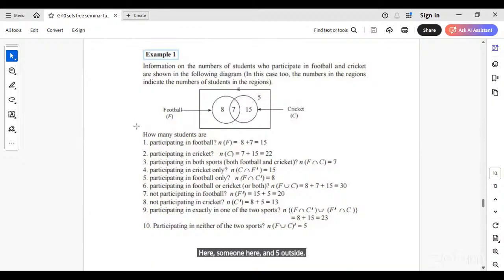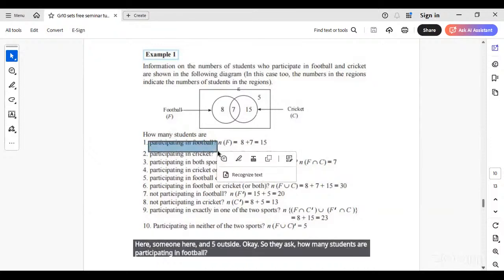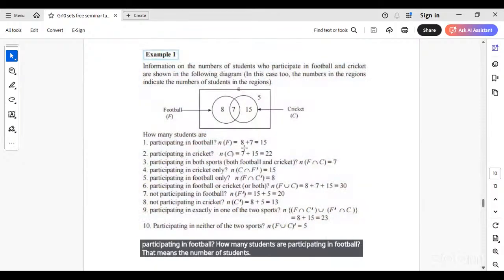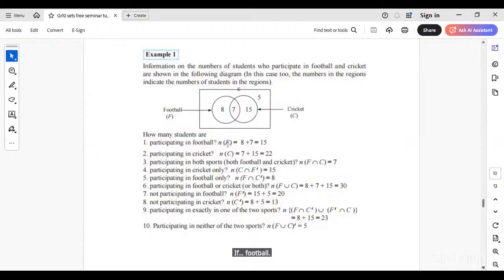They ask, how many students are participating in football? That means the number of students in football. The region which belongs to football is this region, 8 and 7.